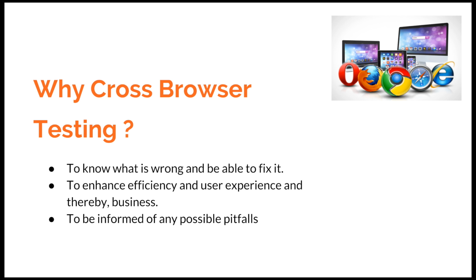As you can see, you learn what is wrong and how you can fix it. For example, I have seen multiple issues where Chrome on Mac was working fine, whereas on Windows 10 or Windows 7 we were facing certain problems in the same browser.